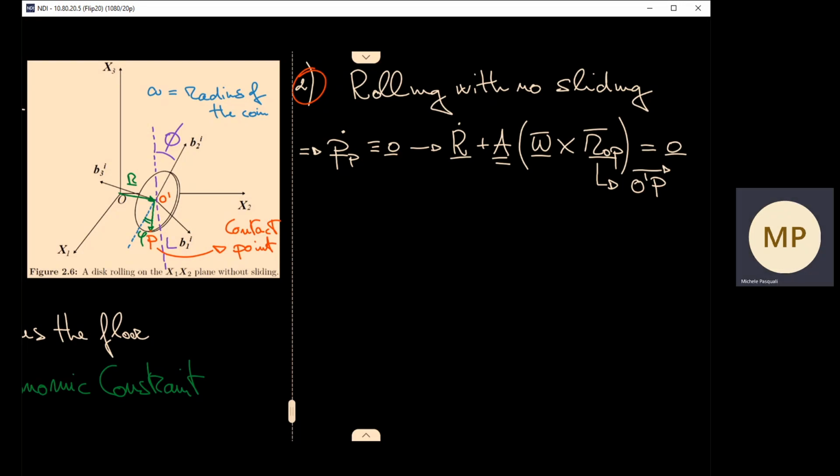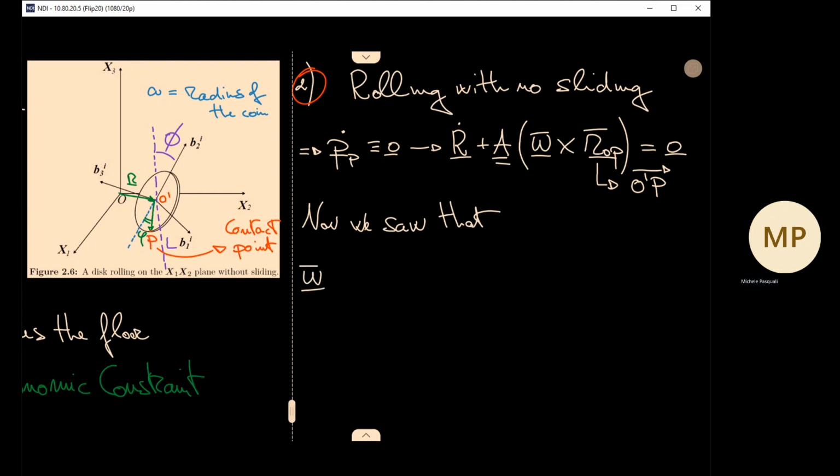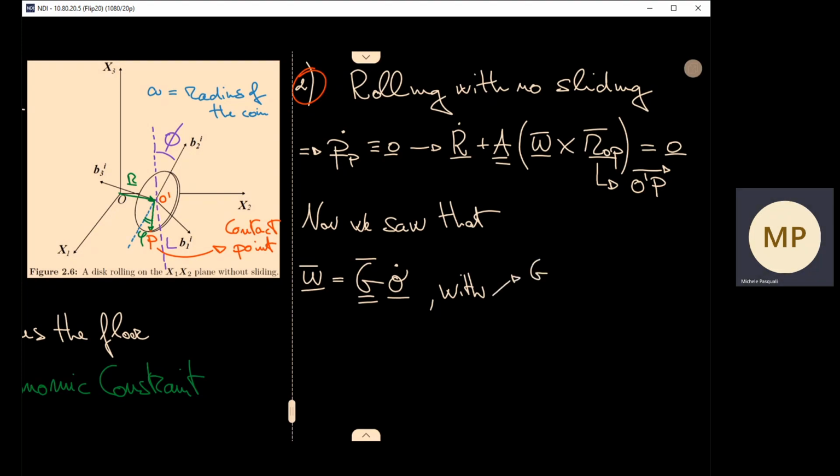Okay, so let's write it. We saw that omega is equal to G applied over theta dot, with G being the following.